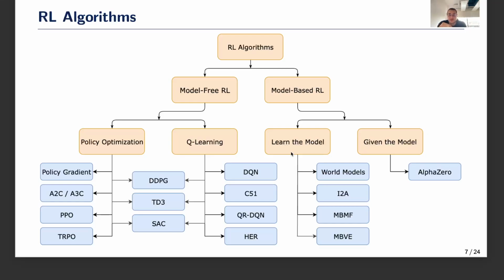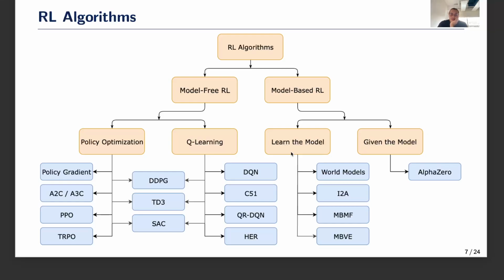For example, World Models, I2A, imagination-augmented agents, which combine planning with deep networks, and MBMF, MBVE, model-based value estimation or fine-tuning policies.